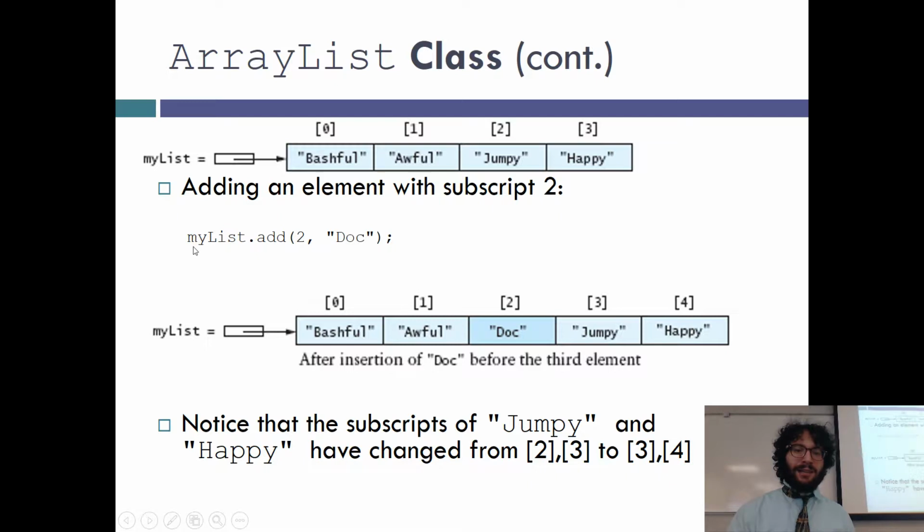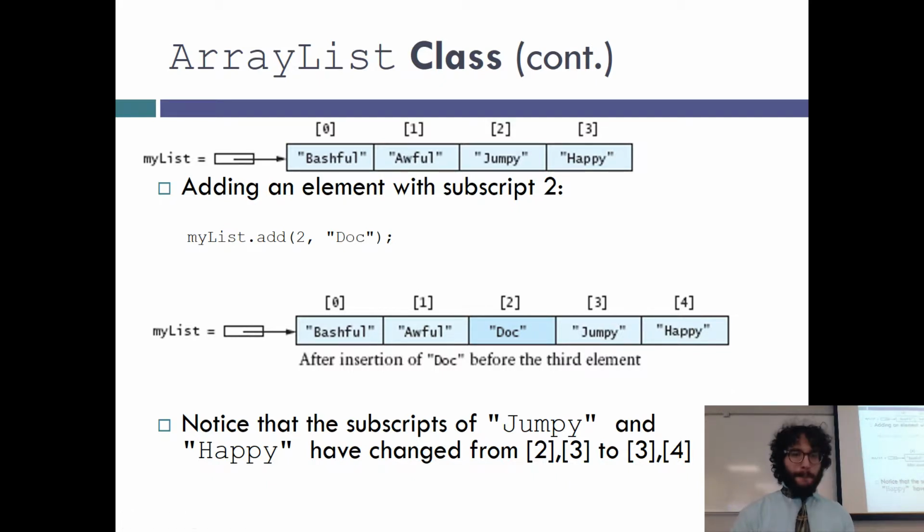So add doc to index 2. This is before, and after it's going to look like this. So myList.add 2 doc. We get bashful, awful, doc, jumpy, happy. Notice that when we put in doc, jumpy and happy move from 2 and 3 to 3 and 4, right?